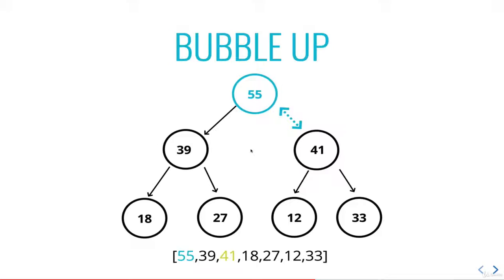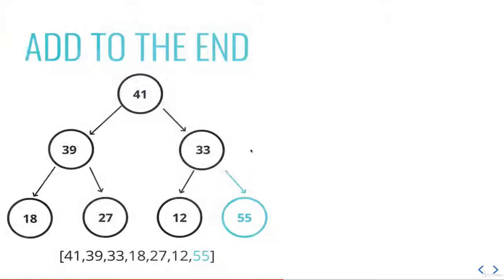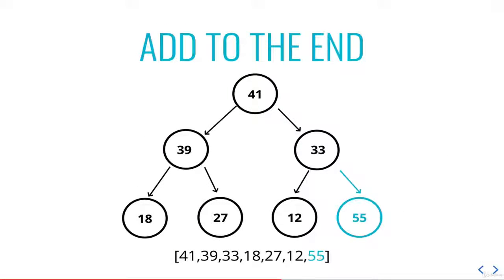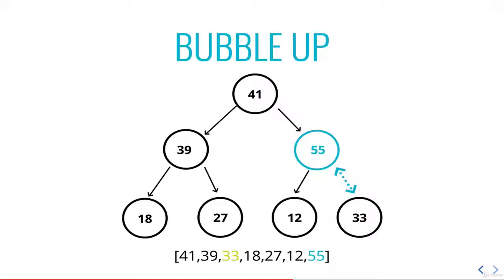So if we went back to this example, the very beginning, we add 55 to the end, we find its parent. Let's just look down here. So we add 55 to the end, we find its parent based off of the index, we subtract 1, we divide by 2, the item's value is 33, index is 2. We compare, 55 is larger, so we swap.